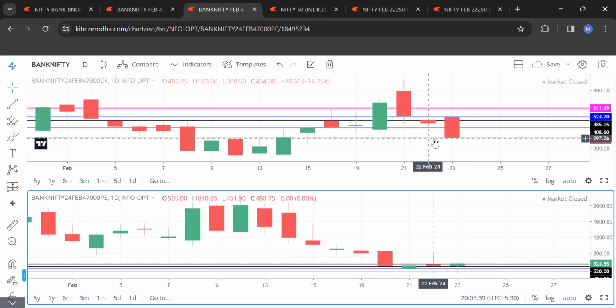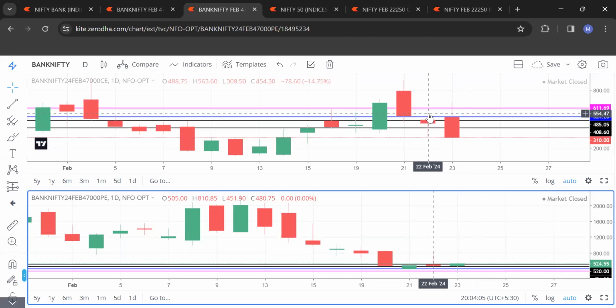For that, first we need to find out the difference, yesterday's difference. So let's work out yesterday's difference in the call. 563.60 minus yesterday's low 308.50. The difference is 255.1. I will multiply it by 26.11%. The answer is 66.6.